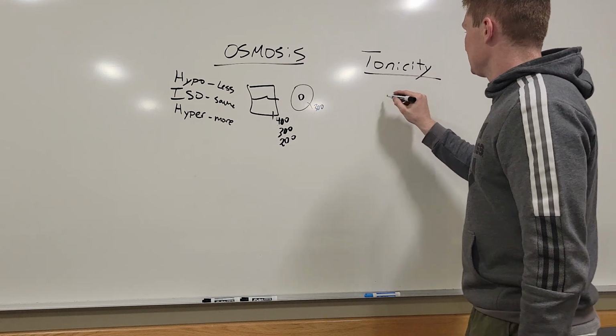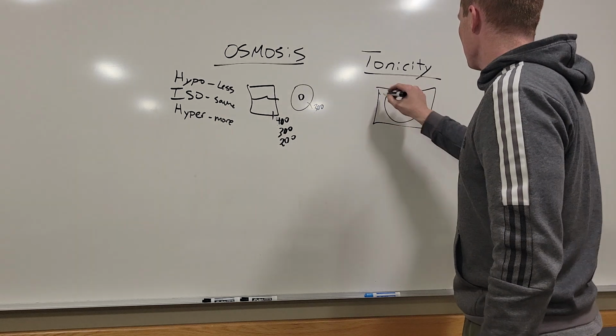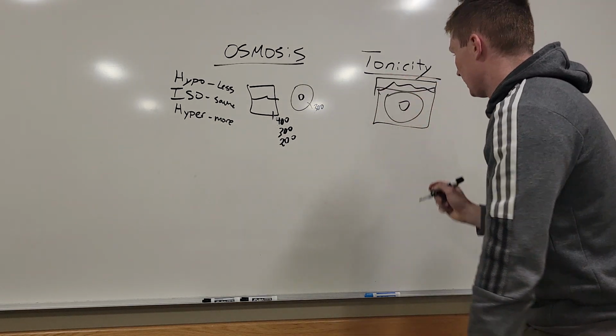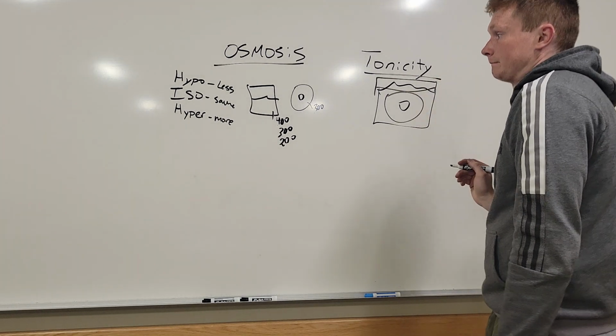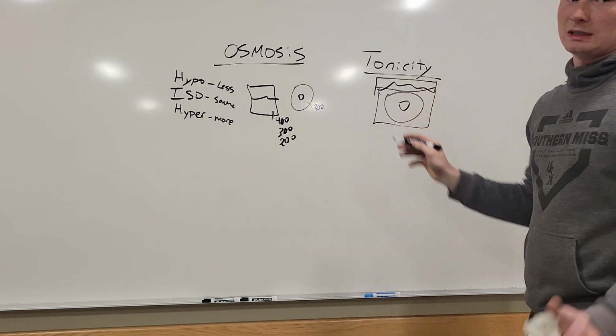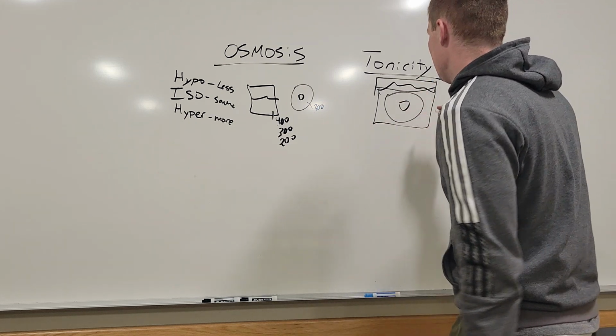Okay, so your tonicity is, instead of having them separated, we just took that cell and we put it in that water, right? My box wasn't big enough, right? So now if we're 300 here, we're 300 here, we're isotonic. If, say, we're just going to be talking to the cell because it confuses a lot of people. Confuses me sometimes.